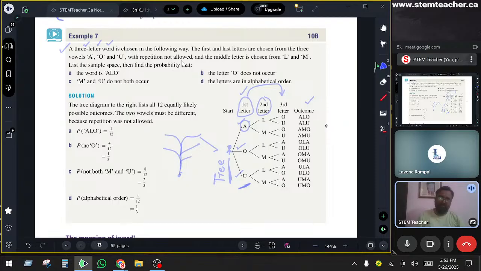Are there any ALO chances here? How many? It is one. ALO is only one. How many total? 1, 2, 3, 4, 5, 6 up to 12. So your probability for ALO is 1 over 12. What is the second part?